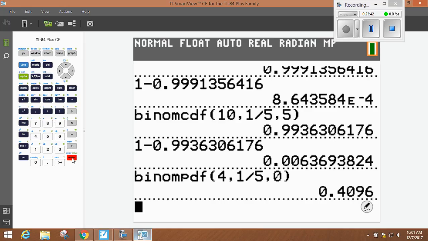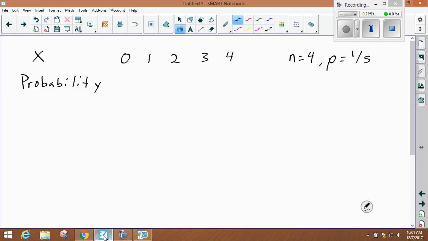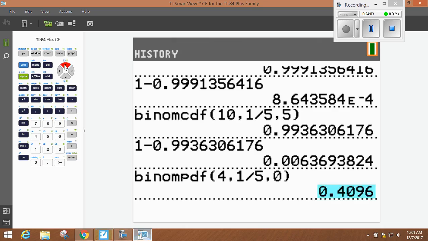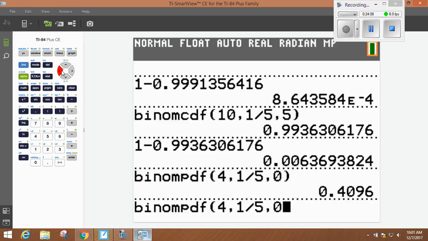We get 0.41. What's the probability of 1? We can spit these out pretty quickly, because I can just copy my last entry and change my value for k to 1.